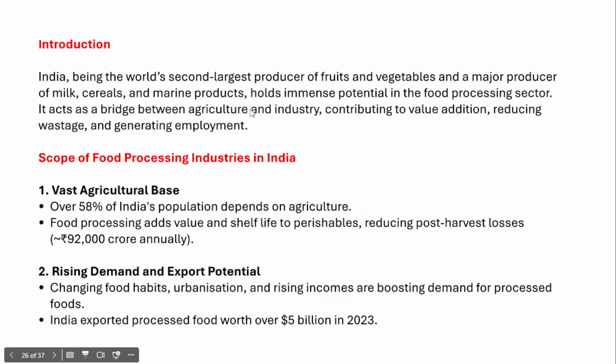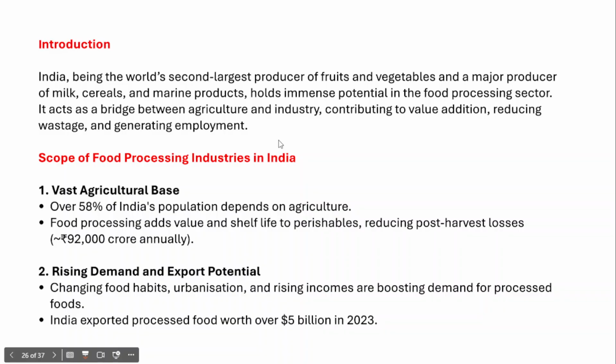Apart from that, the food processing sector is labor intensive, so it can create large scale employment opportunities, particularly for women in rural and urban areas, right? Therefore it leads to women empowerment, financial independence, self-reliance, and it further increases decision making power as well, right?